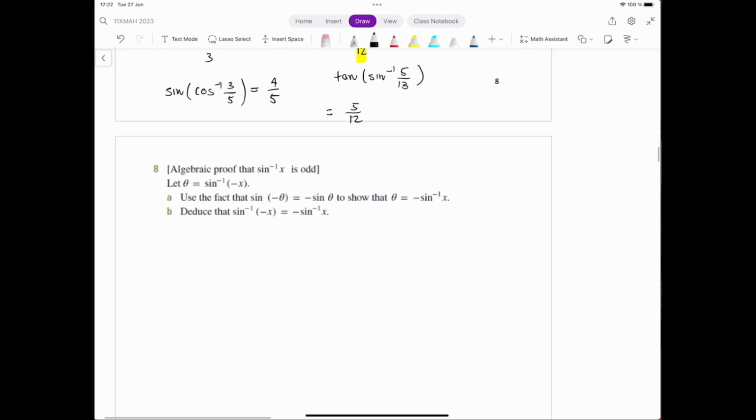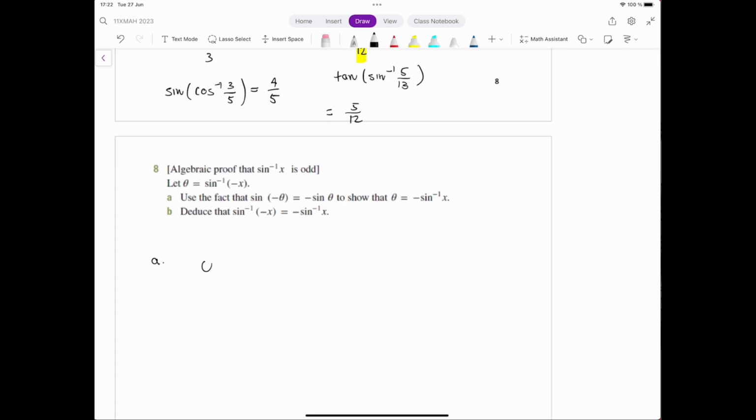Okay, and last thing, question number 8. We've got, let theta be equal to sine inverse of minus x. So part A is use the fact that sine of minus theta is equal to minus sine of theta to show that theta is minus sine inverse of x.